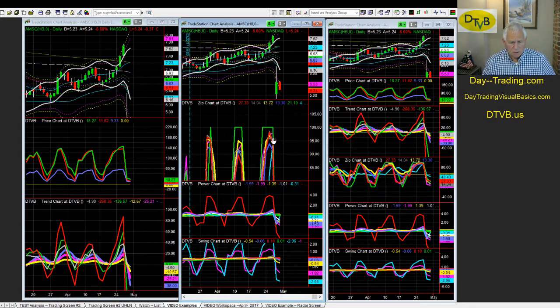The signal for it was zip pink was underneath the candles, underneath the other red lines, the blue, yellow, red, and gray, and it popped out and became highest and going up and right next to green. And when it's under candles and goes and pops out, that's the signal for it to go down.